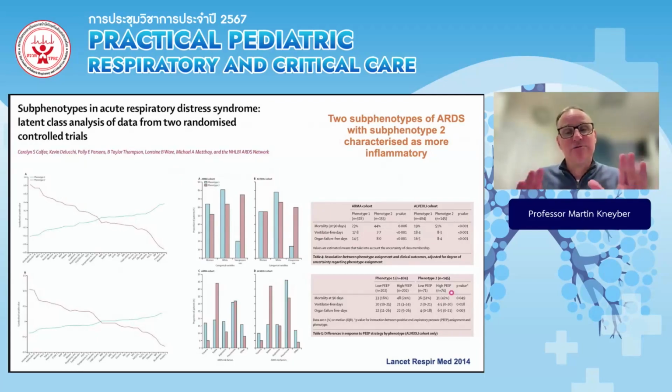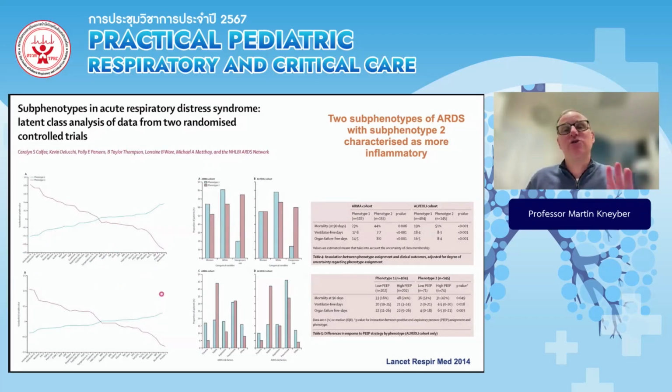And this is really, really fascinating, because there's more and more data coming out that this is really the way to go. This is adult data, but this is a fascinating study from Michael Matthay and Carolyn Calfee, where they had a biorepository of patients who were enrolled in two large trials. They did a latent class analysis measuring all sorts of mediators and other variables.